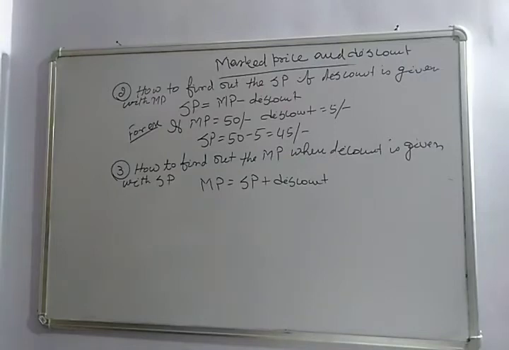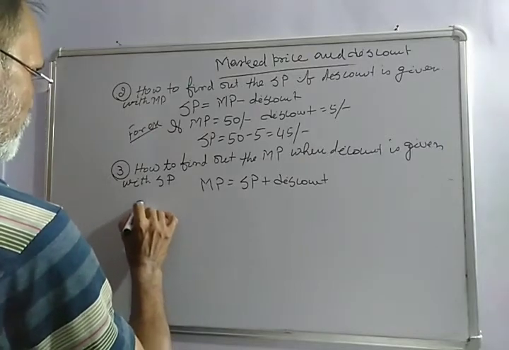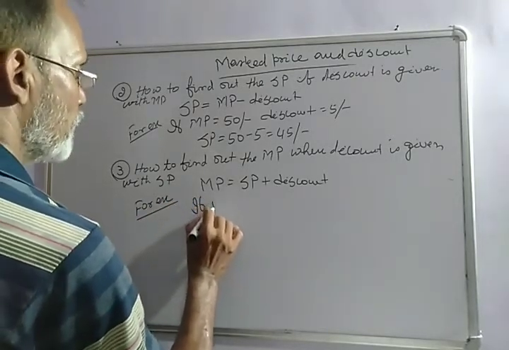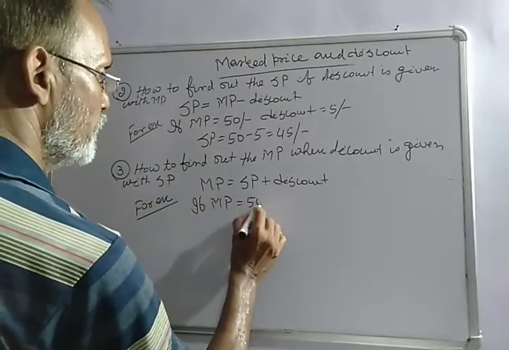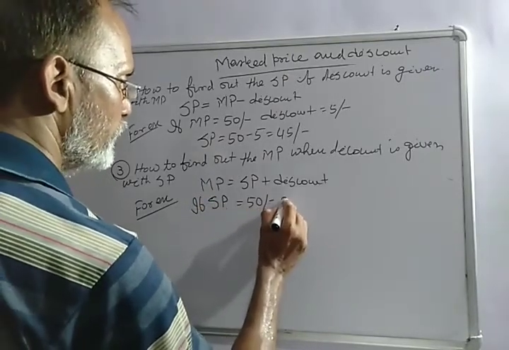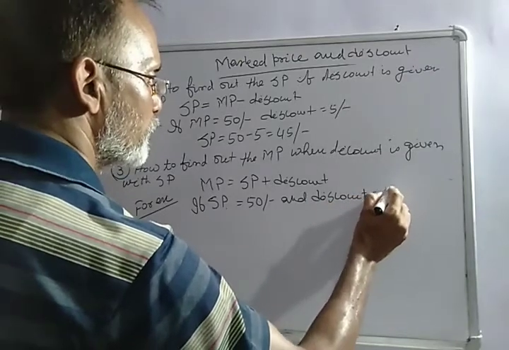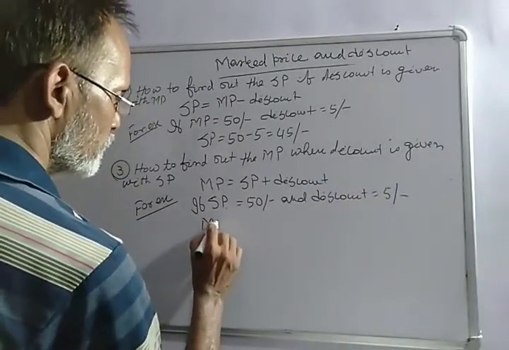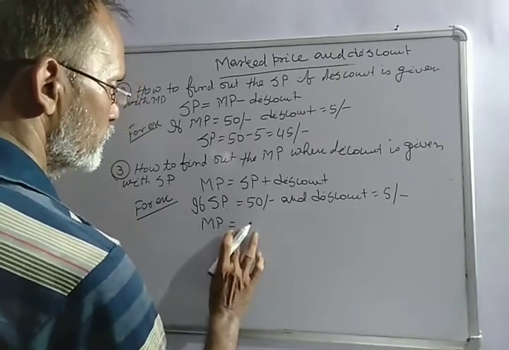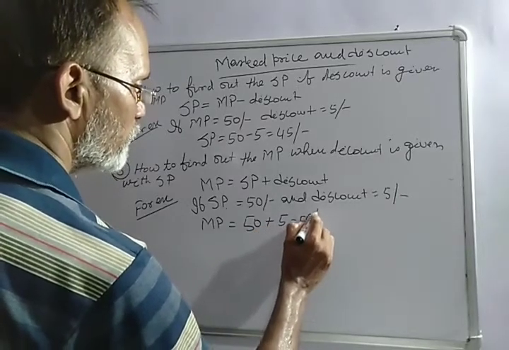For example, if selling price is equal to 50 rupees and discount is equal to 5 rupees, then mark price is equal to selling price plus discount, means 50 plus 5 is equal to 55 rupees.